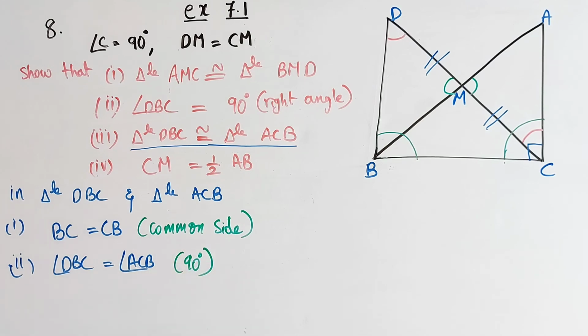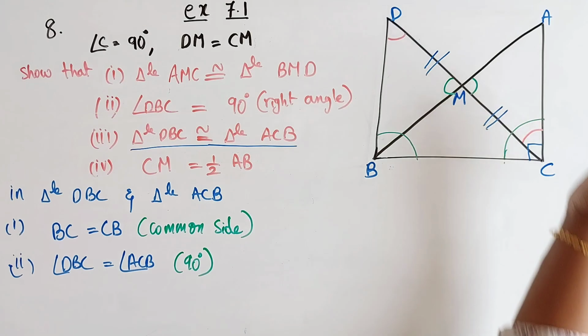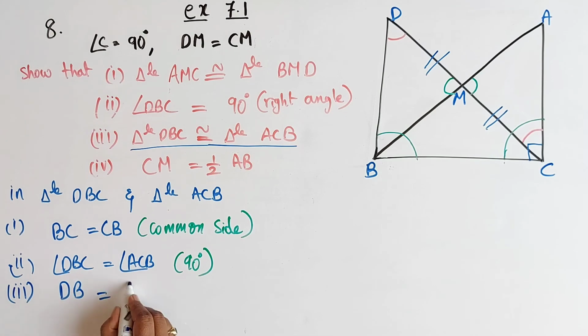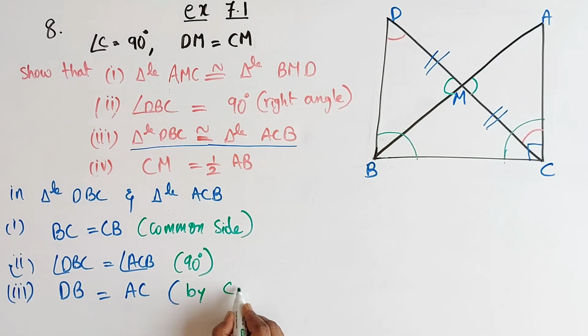And what is the third one, children? DB is equal to AC. That is also we proved in the first question by applying CPCT. Because both the triangles are congruent, no? We can make DB equal to AC by CPCT rule.